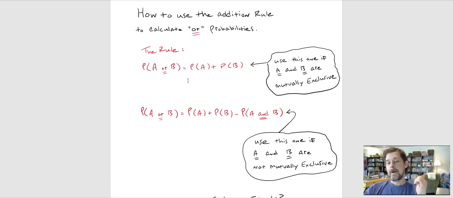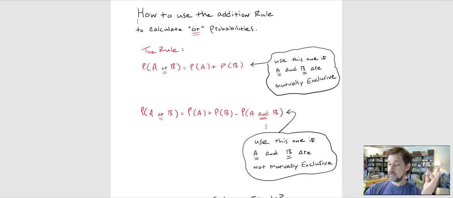Then the rule takes two forms. We can say the probability of A or B happening is the probability of A plus the probability of B, and we would use this equation if the events A and B are mutually exclusive. I'll talk a little bit more about that in a minute.